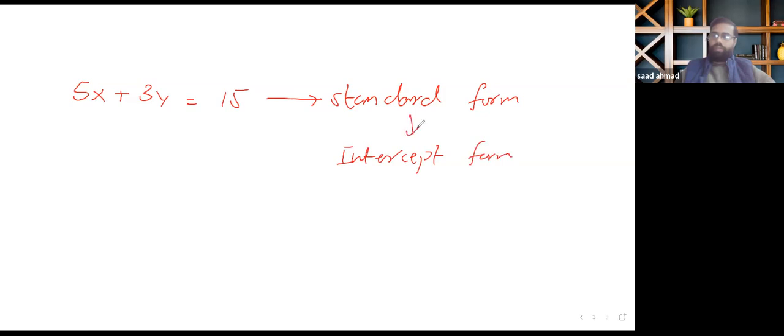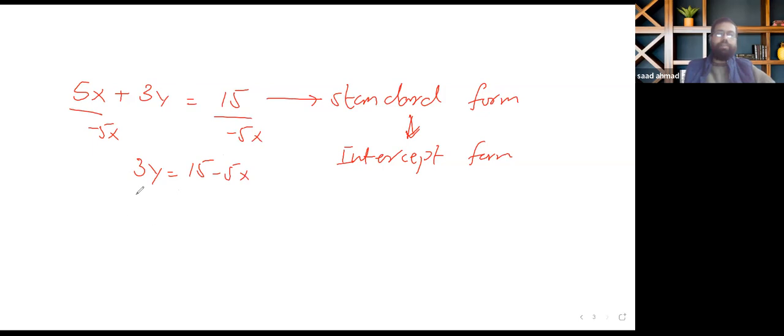First of all, we move the x term to the other side, or you can say we subtract 5x on both sides. So 3y equals 15 minus 5x.